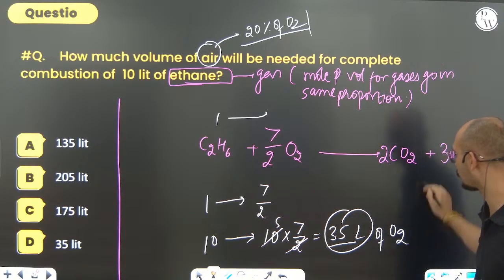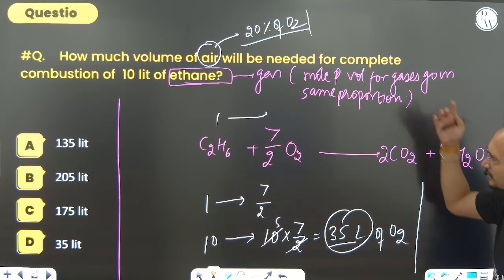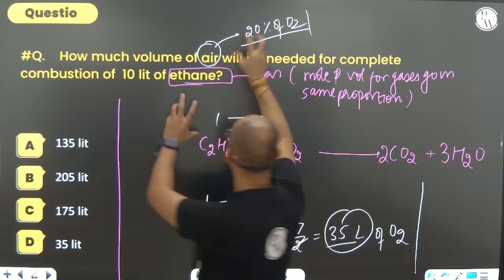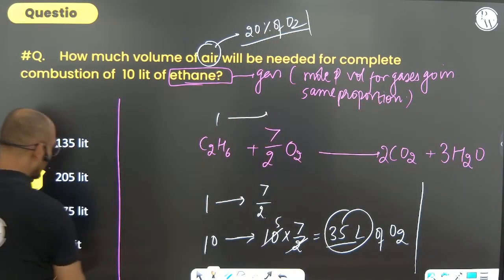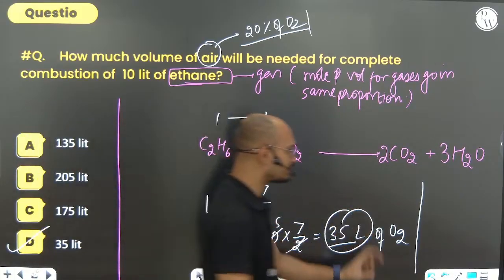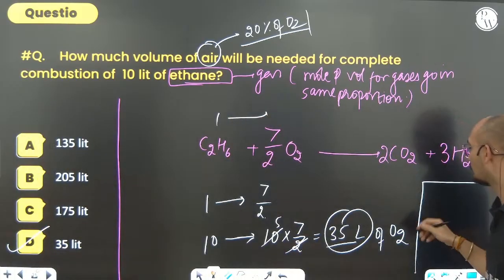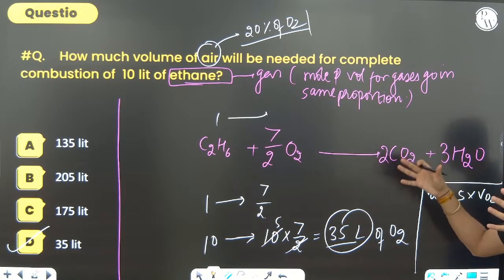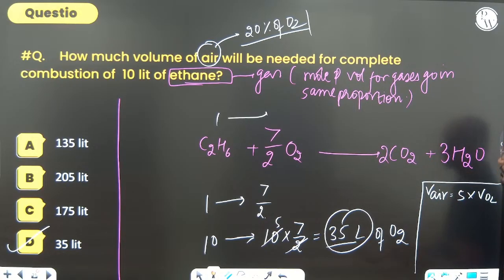35 liter of O2. But how much of air is there? Though it has not given, if it is considered that air is oxygen, then answer will be D. But what if it is not considering this, but air contains only 20%? So how much of the air will be there? Air should be 5 times of volume of oxygen. So volume of air should be, because you have to take 100%, 100% is 5 times of 20%.